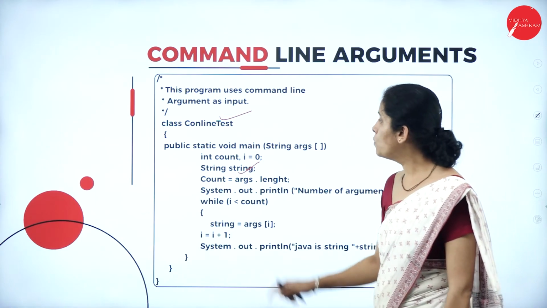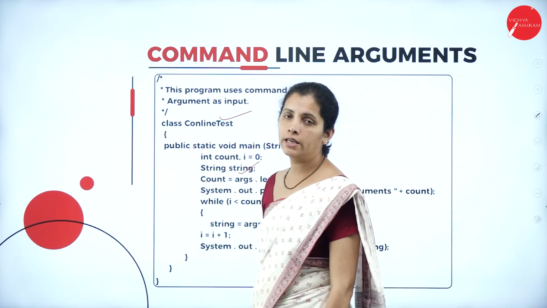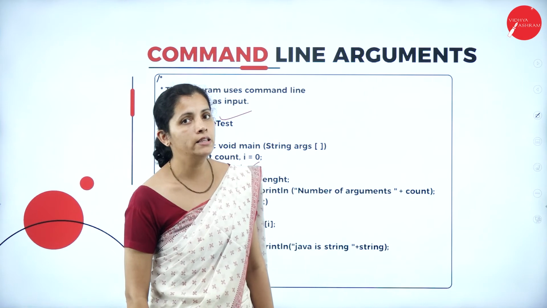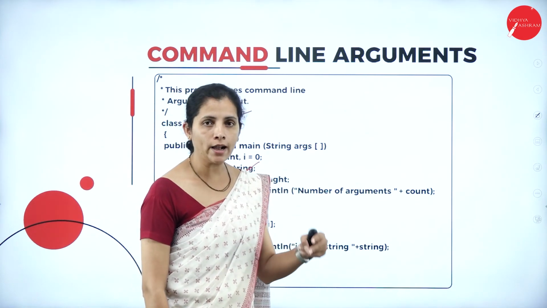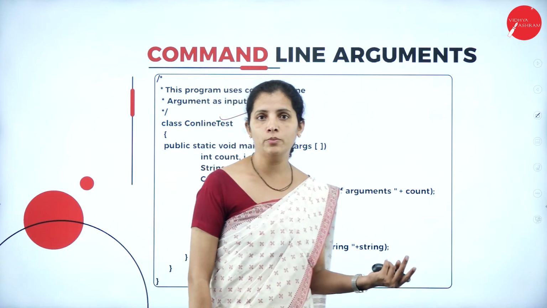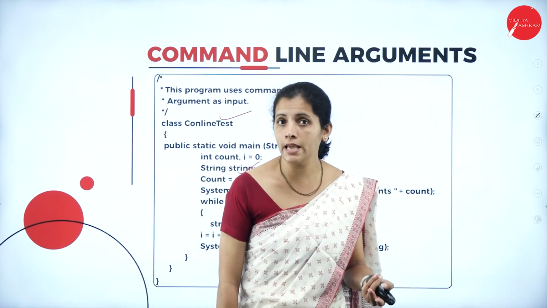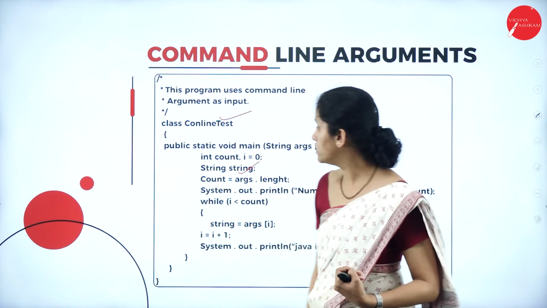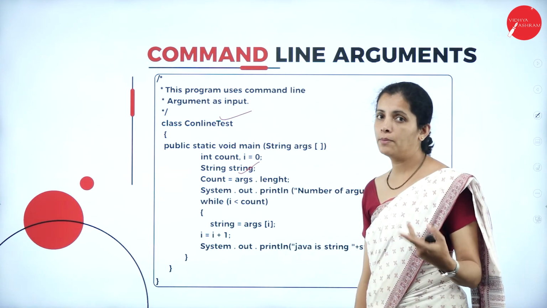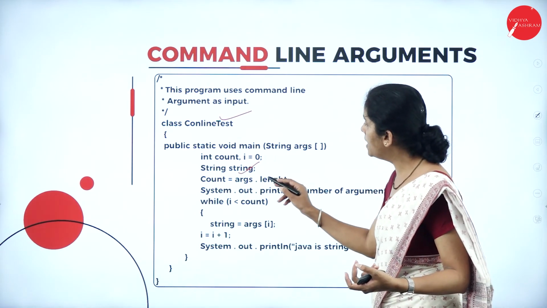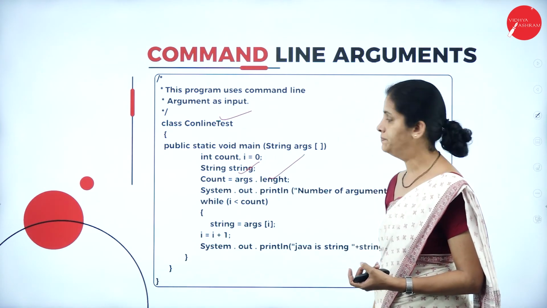Now tell me why I'm going to use count here. To keep track of the total number of arguments, I'm going to use the variable called count. And how am I going to get the total number of arguments? With the help of length.